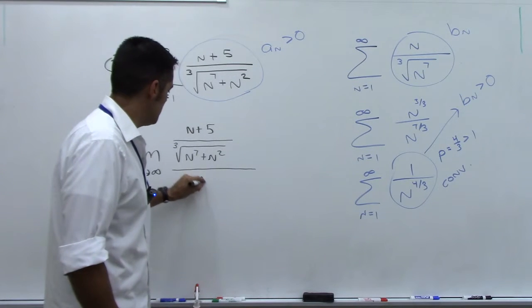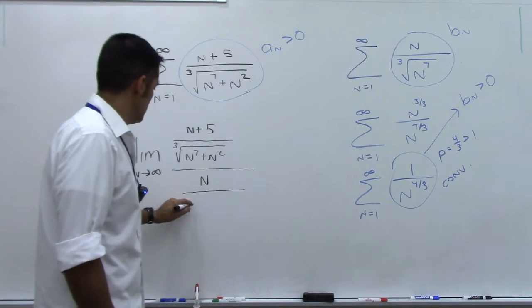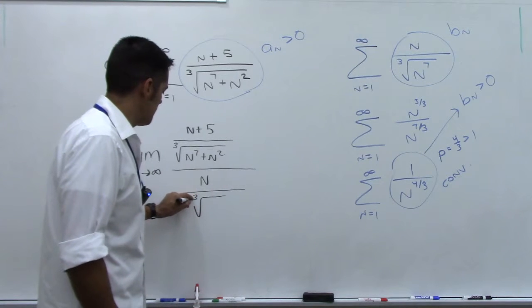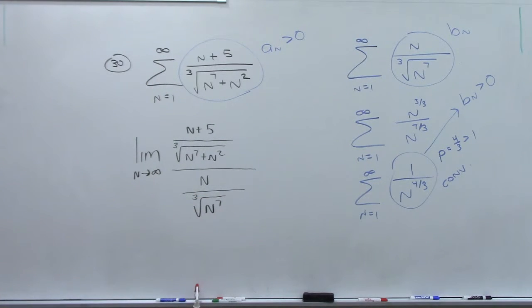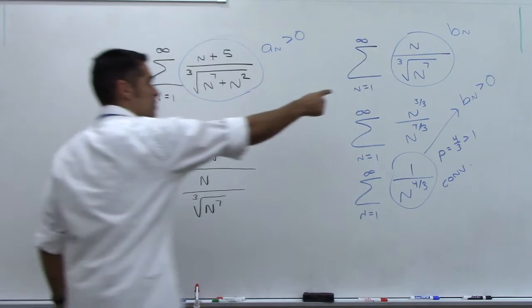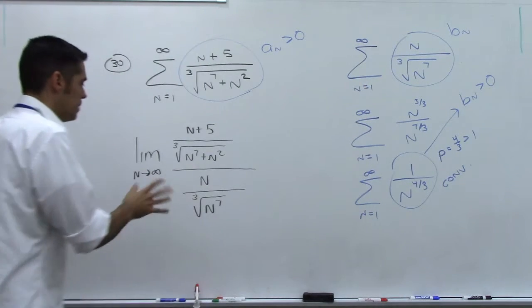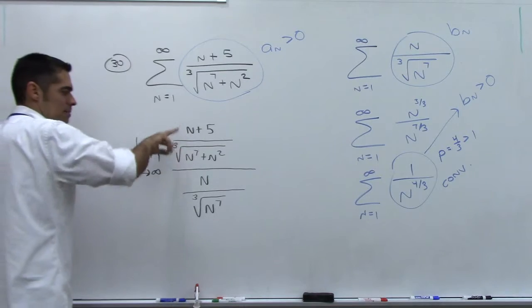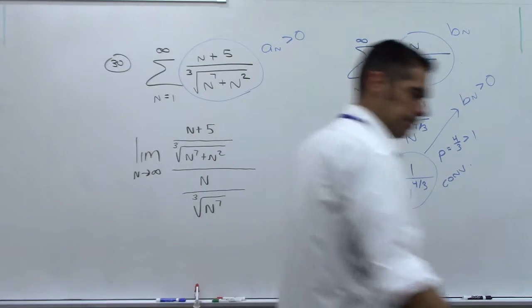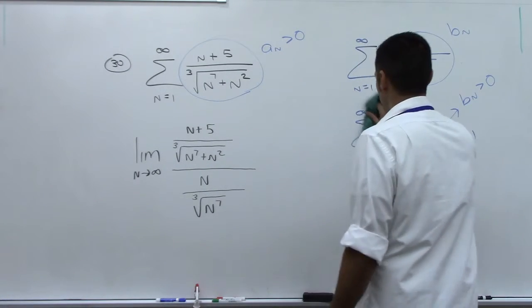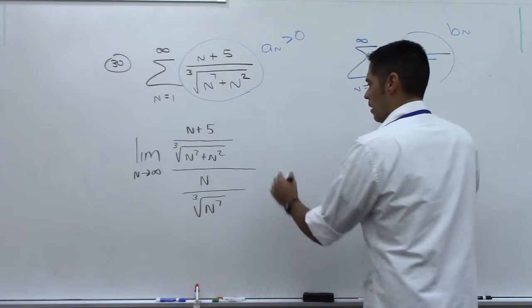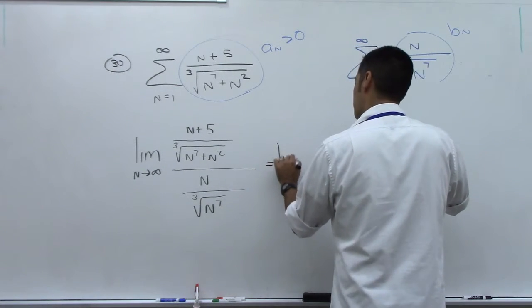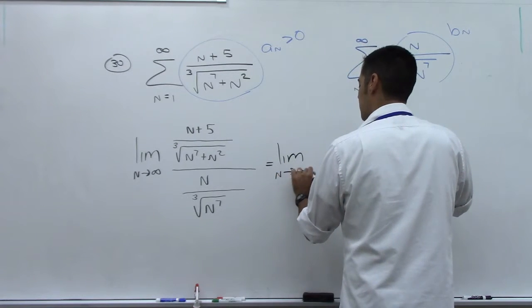Let's do n over cube root n to the 7. Let's do that. So I'm using this one up here. And then before I do my limit, I'm going to flip this one up. So we get equals limit n goes to infinity.